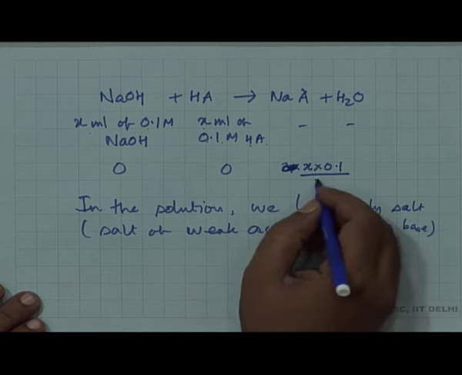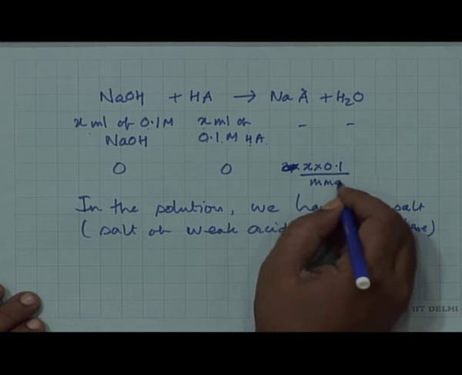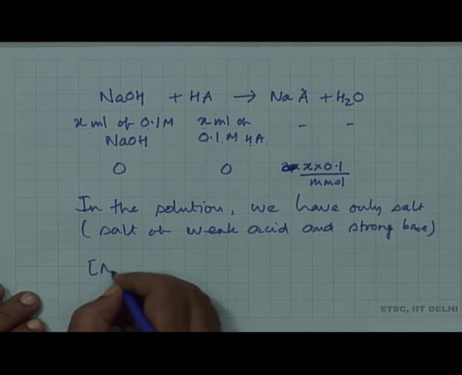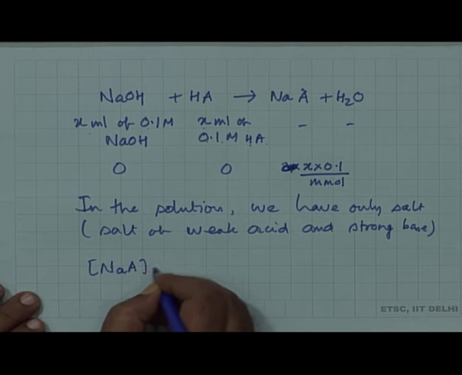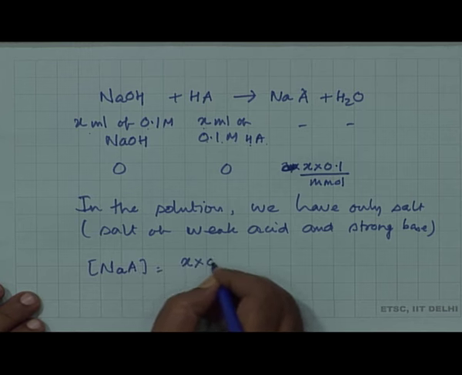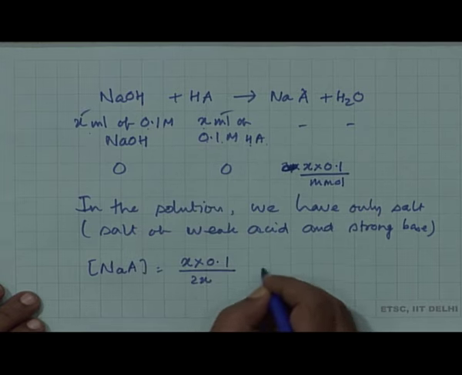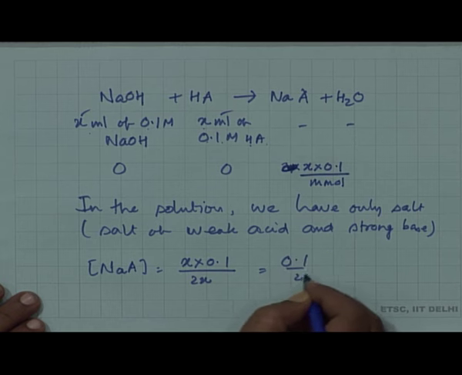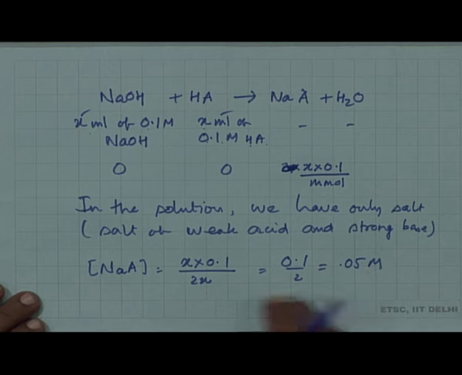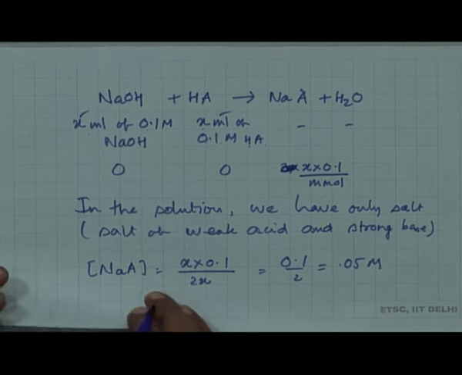Okay. This is the millimole of salt, but what will be the concentration? This will be the millimole divided by total volume. Total volume is x plus x, 2x. So, 0.1 divided by 2 is 0.05 molar of salt.